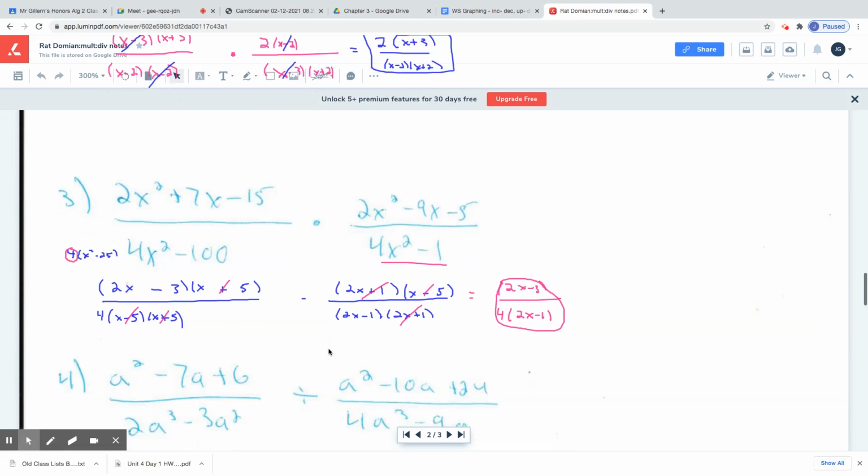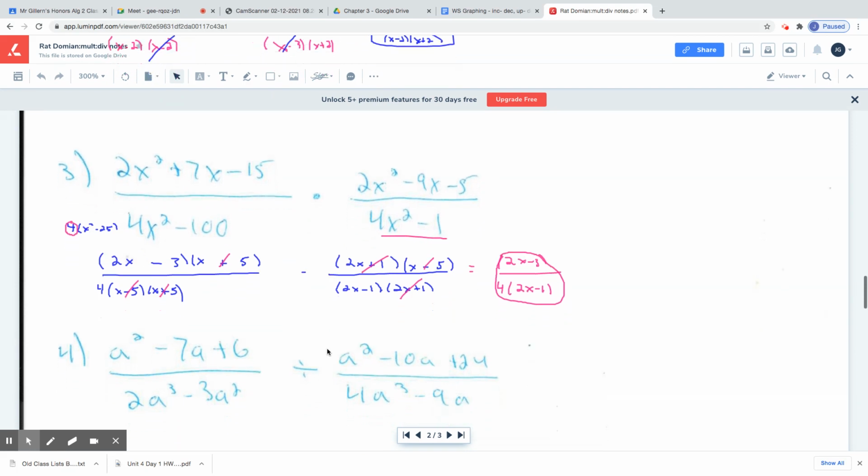Now, the last one we're going to do today is a division one. Now, before we do that, when I multiply fractions, right, we go across the top. 1 times 5 is 5. 2 times 7 is 14.